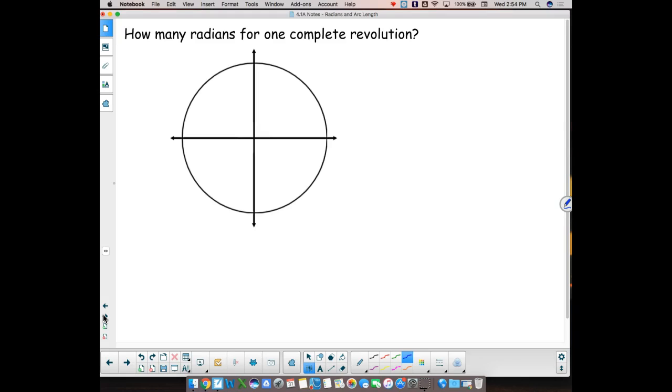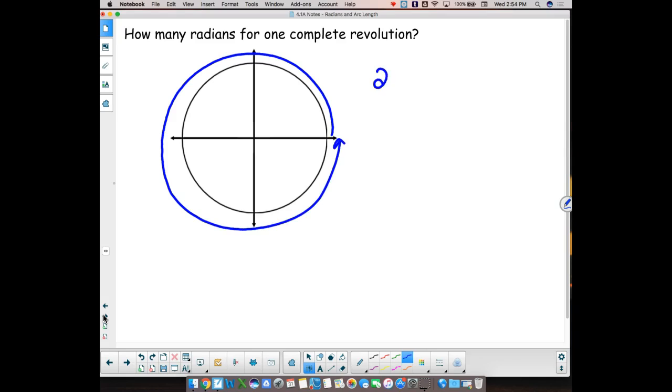So if it takes 2 pi radians to go around the circle, that is also 360 degrees. Okay. Then that would be a fraction that's equal to 1, correct? 2 pi radians over 360 degrees is a fraction equal to 1.